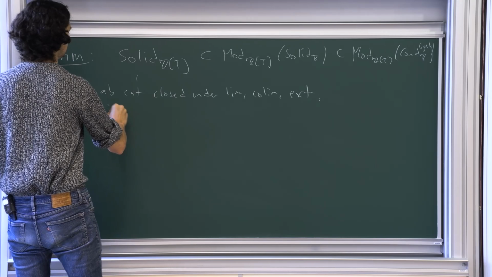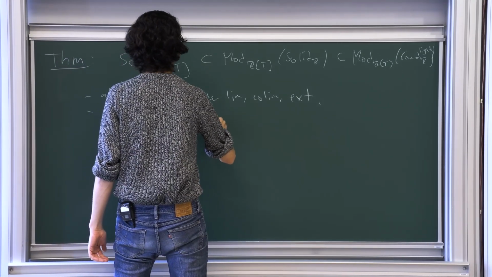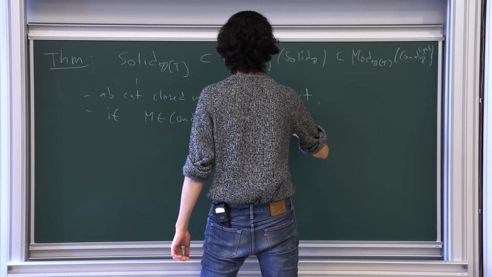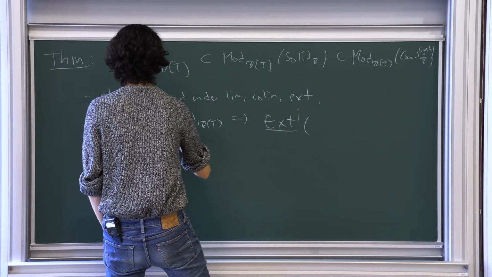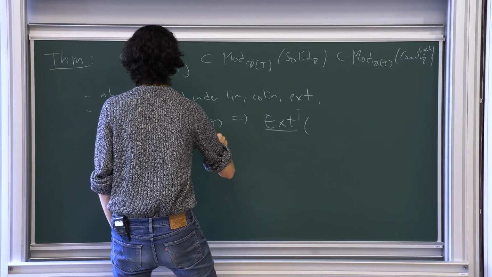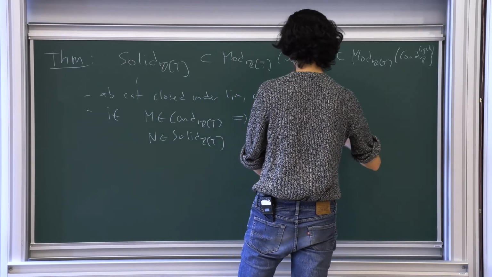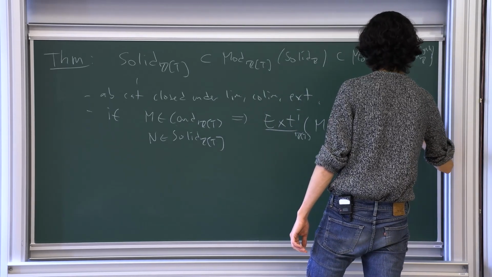So if M is an arbitrary, say, condensed ZT module, then internal Hom, and N is in solid ZT, then internal Hom over ZT from M to N is also in solid ZT.